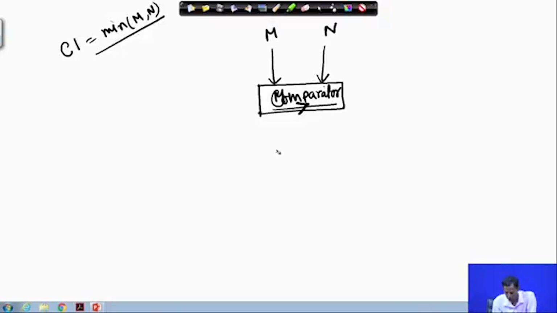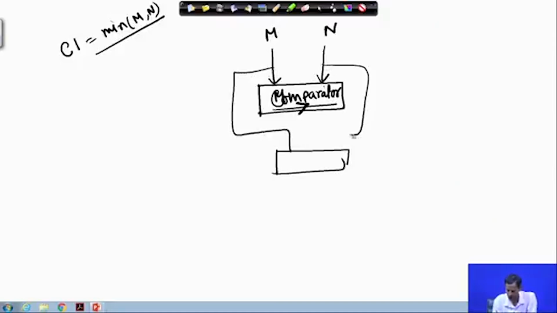After that, I have a 2:1 multiplexer, and the output of the comparator will select the corresponding value, m or n. This will choose which value I require.